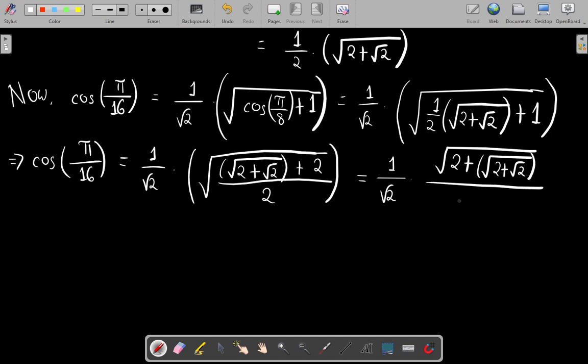This entire thing is divided by square root of 2. This 2 is inside this larger square root, right? So we have this here.